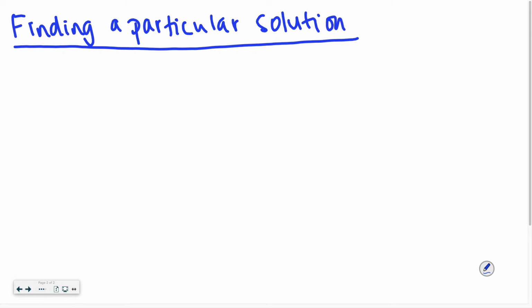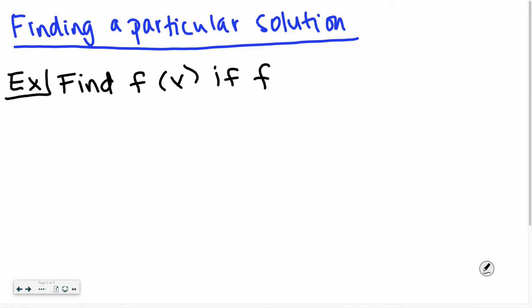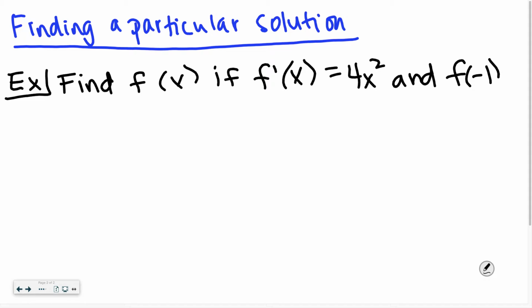For example, I'm giving you information that f prime is 4x squared and f of negative 1 equals 3.